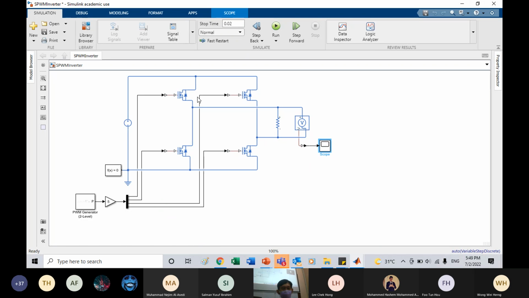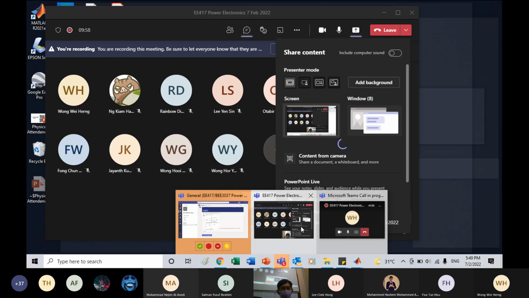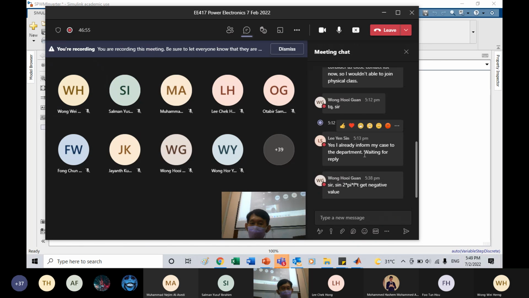For those already done, this bridge should be very simple. You just need to change this part. I do get the negative value. Interesting. Something is wrong in your calculation.